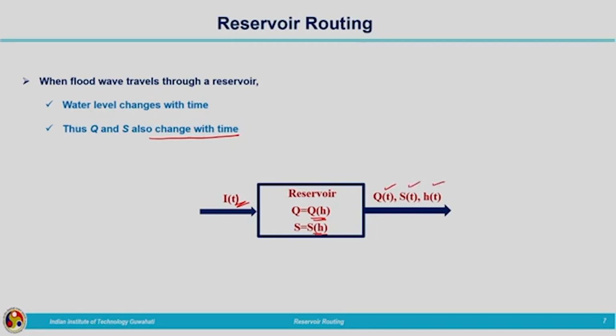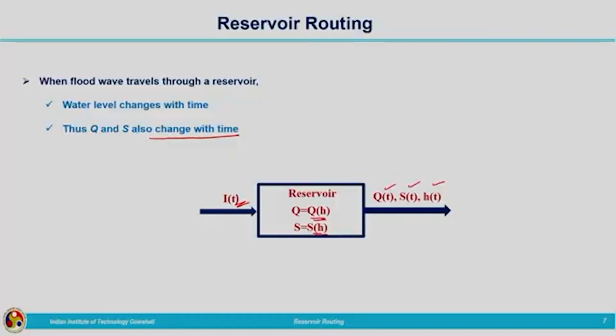The outputs in this hydrologic system, Q, S and H as functions of time, have to be determined by modeling this system. We have the input as the inflow hydrograph and some relationships related to reservoir storage properties.